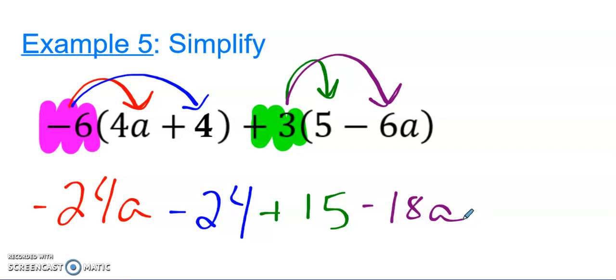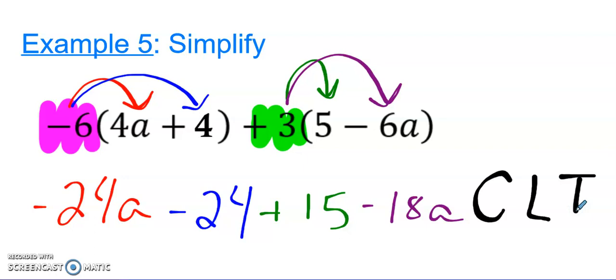Now stop for a moment. Is this in simplest form? Did we combine all of our like terms and get rid of all the parentheses? No. We still have to combine like terms. So here right now we're going to combine like terms.